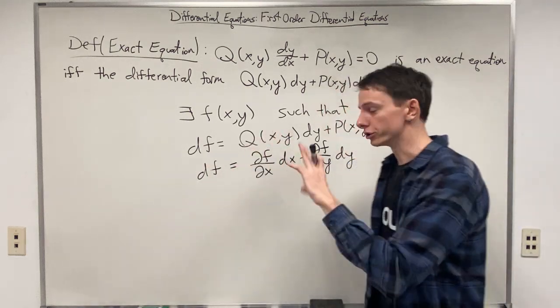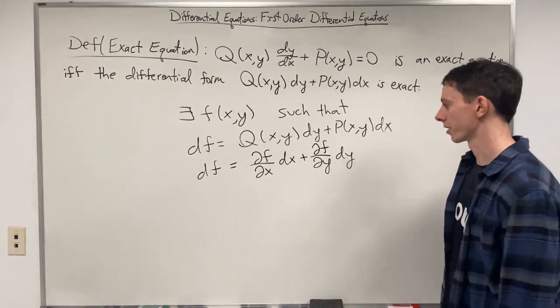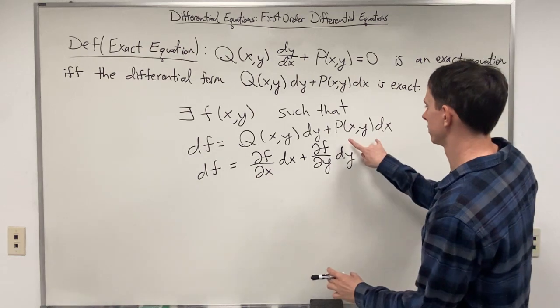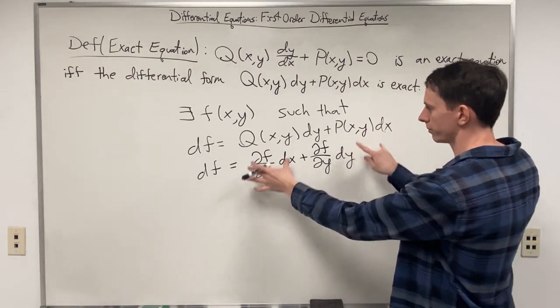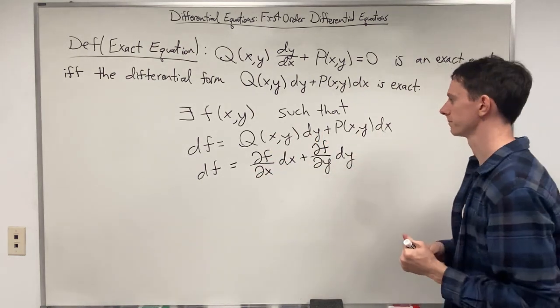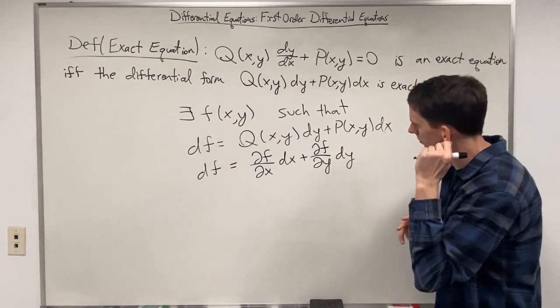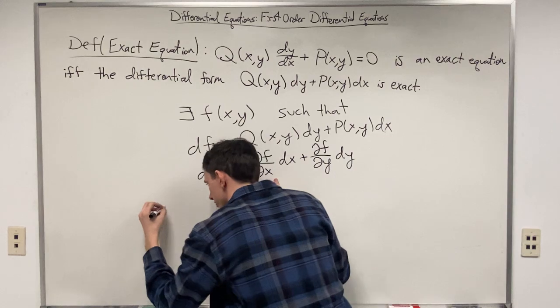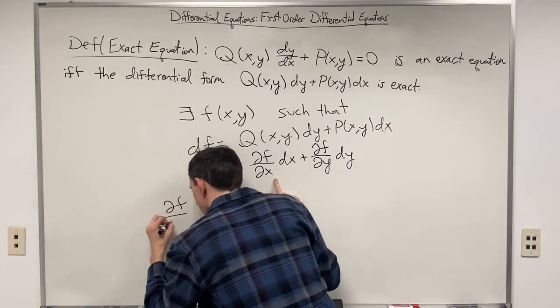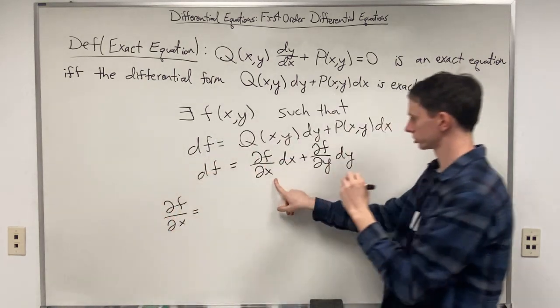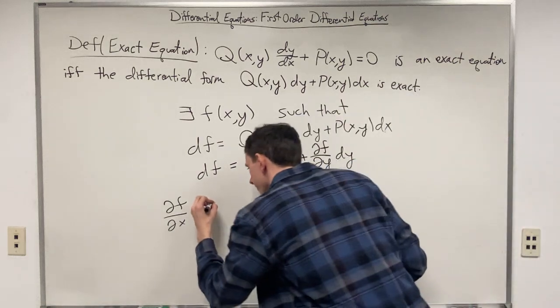What we can do is now just equate the two, by pairing up the dx terms together and also pairing up the dy terms together. If we match up the dx terms, then I'm going to have partial f partial x equals p of x,y.